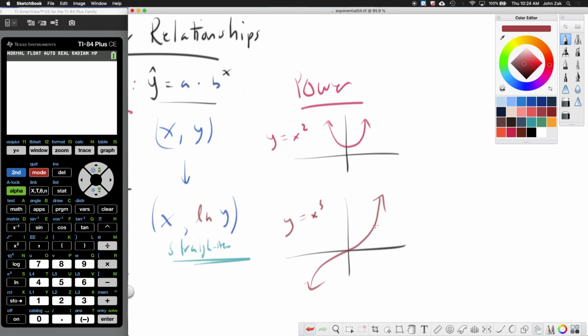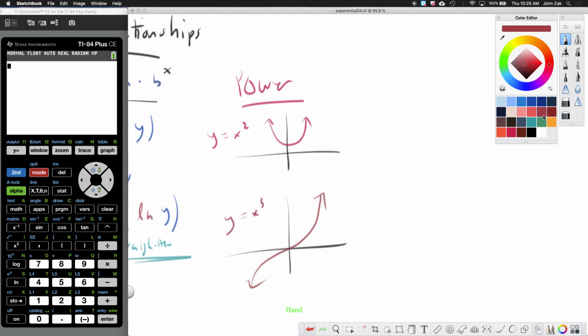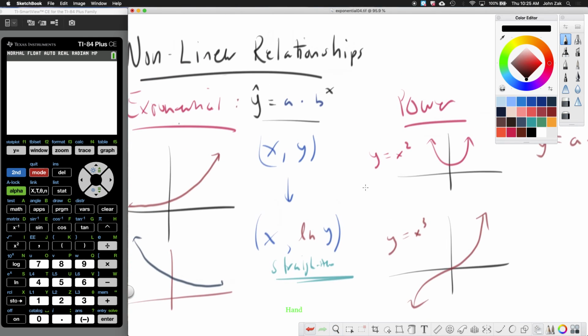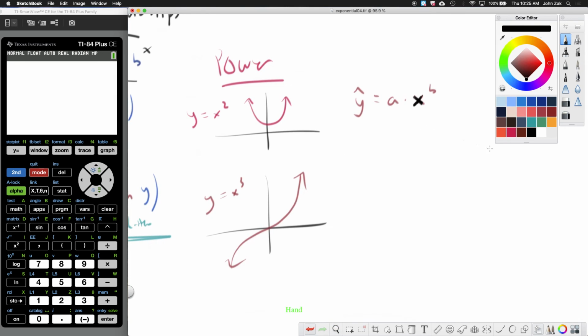Well, any function of this form, where you had as a model y hat equals a times x raised to the b power, right? Where now our variable is being raised to a power, as opposed to in an exponential model where the variable is the power itself. In a power equation like this, we'll get another way of trying to model some curved relationships.